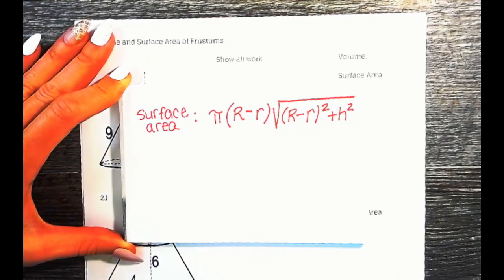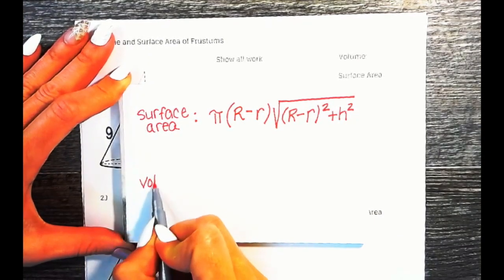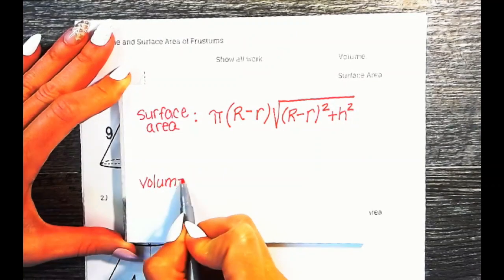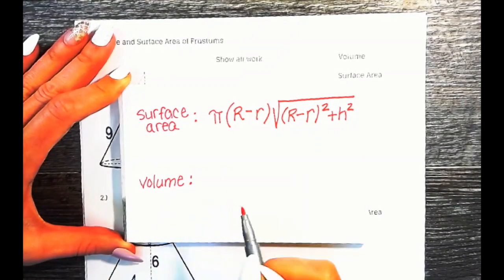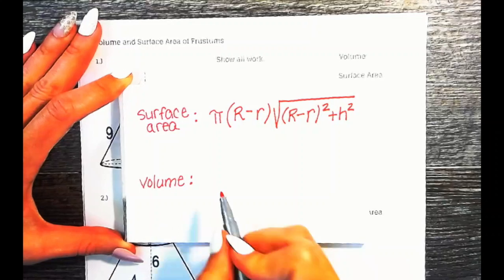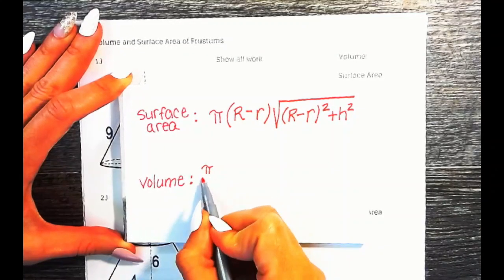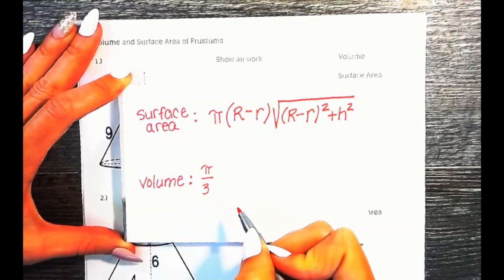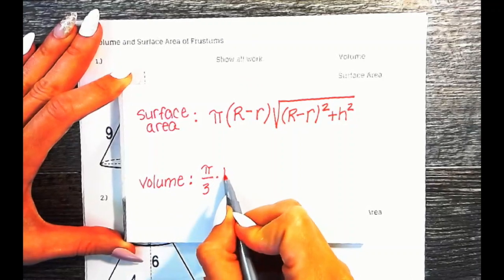And then your volume formula might look something like this. And I say might because sometimes people teach the volume and surface area a little bit differently.